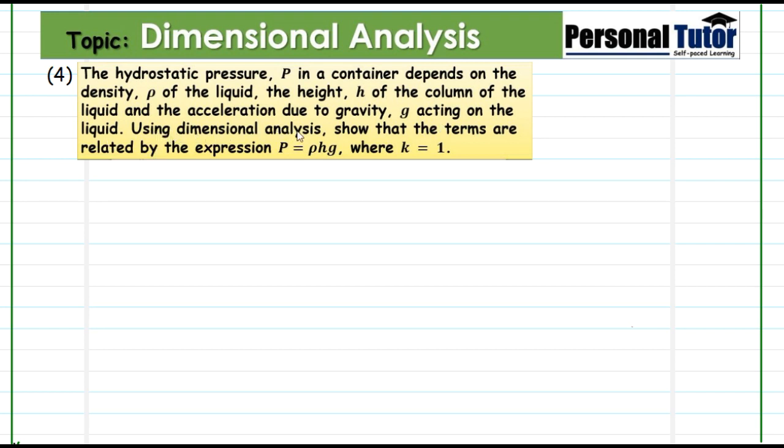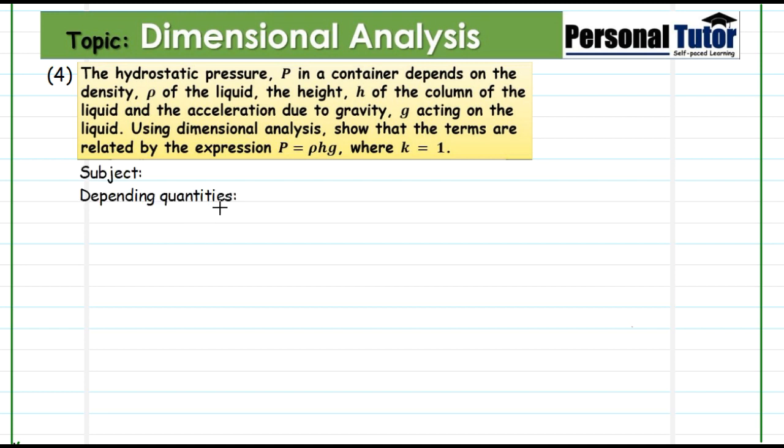Using dimensional analysis, show that the terms are related by the expression P is equal to rho hg, where k equals 1. Great. So this is the question for us to identify both the subject and the dependent quantity.